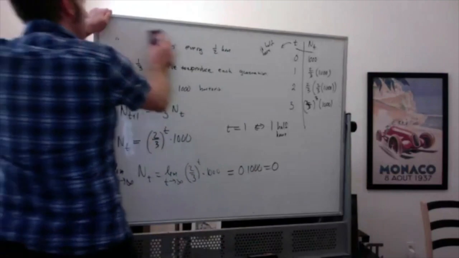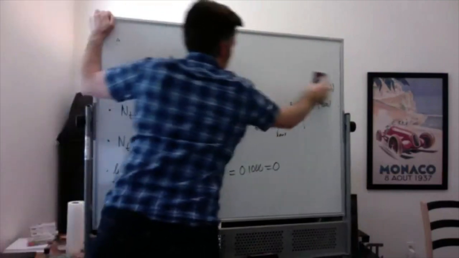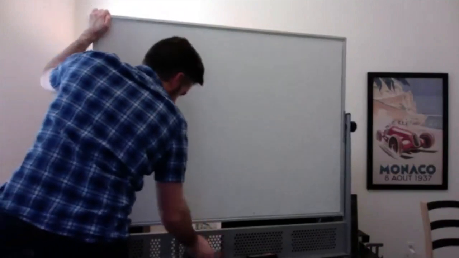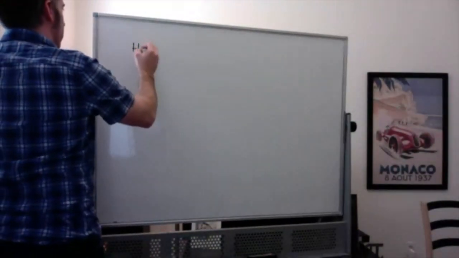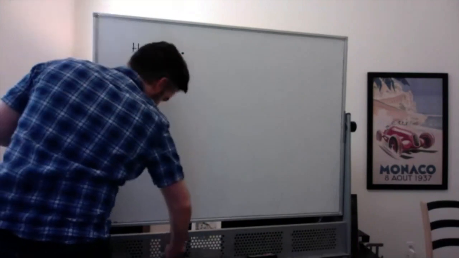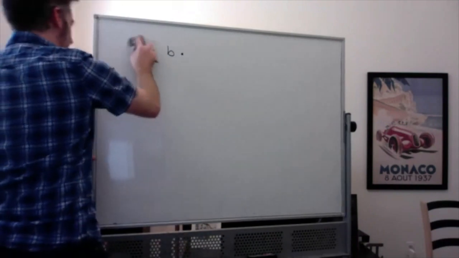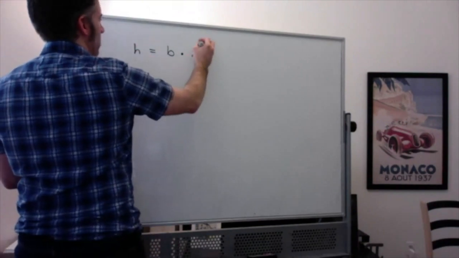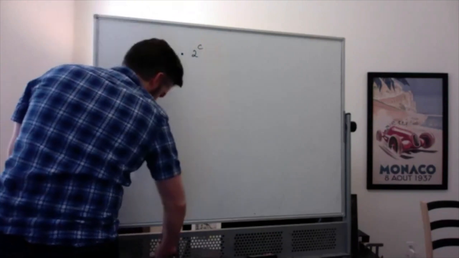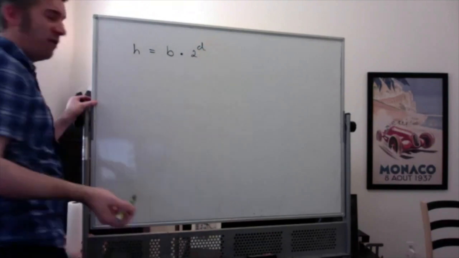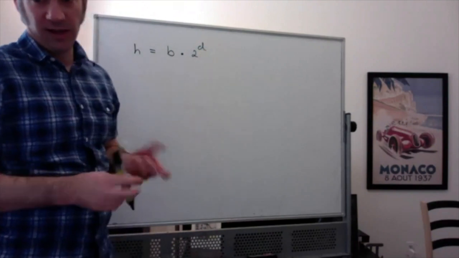What if it was the same question, but now I said that the height of the tree is some other constant times, not the capital H, the lowercase h, the actual height of the tree is some constant times 2 to the circumference, diameter. What if that was our equation instead? And we ask the same question.